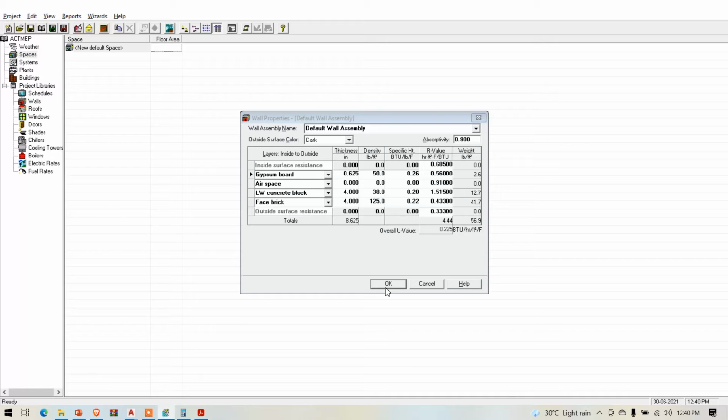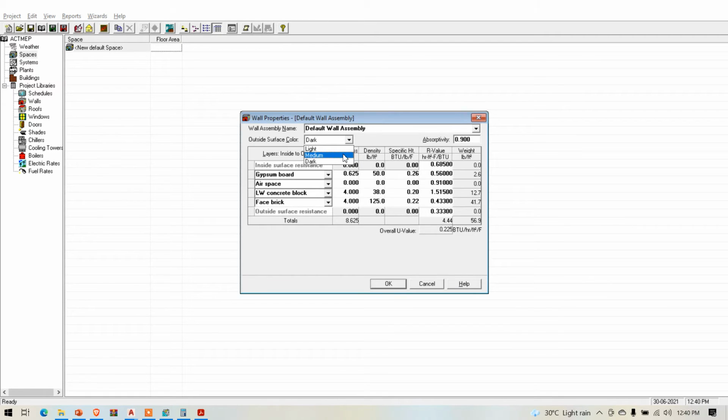The first one they are giving us is the inside surface resistance. Before this, they are asking for the outside surface color. Outside surface color is nothing but what type of paint we are using outside, whether light paint, medium paint or dark paint.